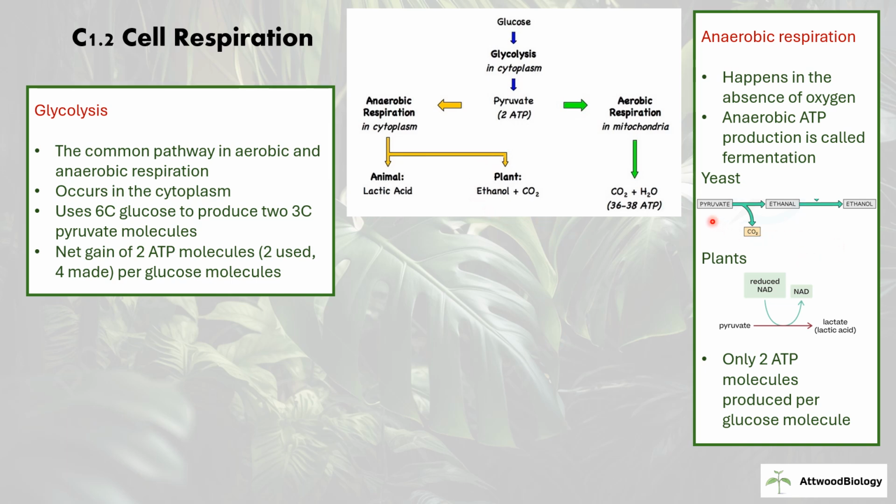You can see here that pyruvate is converted into ethanal and then ethanol. We lose a carbon dioxide there. In animals, pyruvate is converted into lactate. And we're going to use reduced NAD to produce this, and then NAD is also produced.